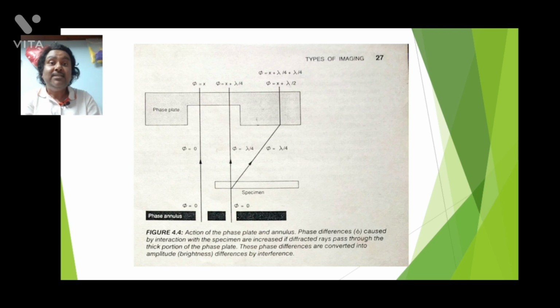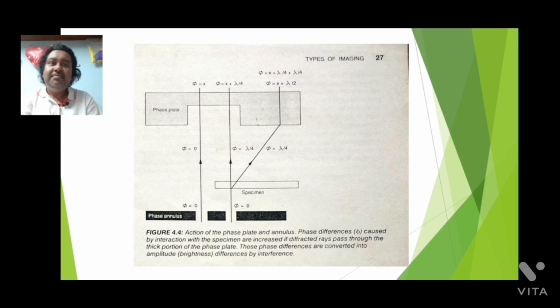But in the case of the right side light ray, due to passing through the specimen and slide, there is a refraction of the light. The light ray passes through the specimen, so there is a phase shift of lambda by 4, and then it refracts, bends, and passes through the thicker portion of the phase plate.